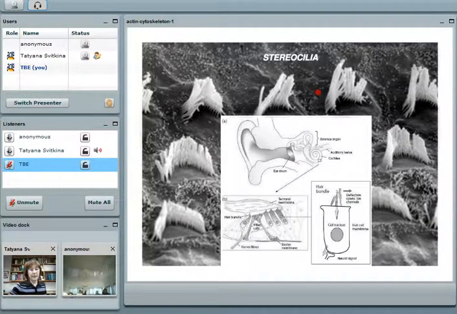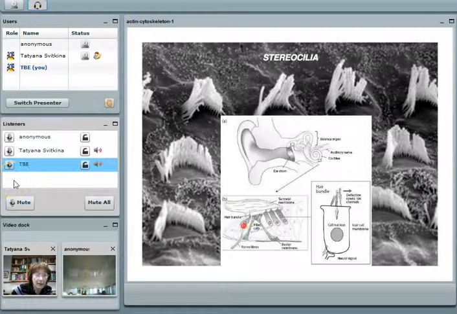Stereocilia are appendages of cells which function in the ear for hearing. So this is a diagram of the ear where there is this cochlea structure which contains, this is a wall of the cochlea, which contains these cells called hair cells, inner hair cells, and they have these beautiful appendages called stereocilia.